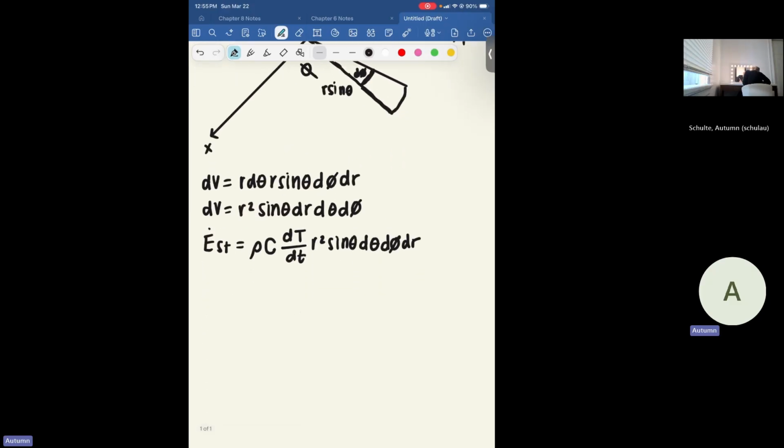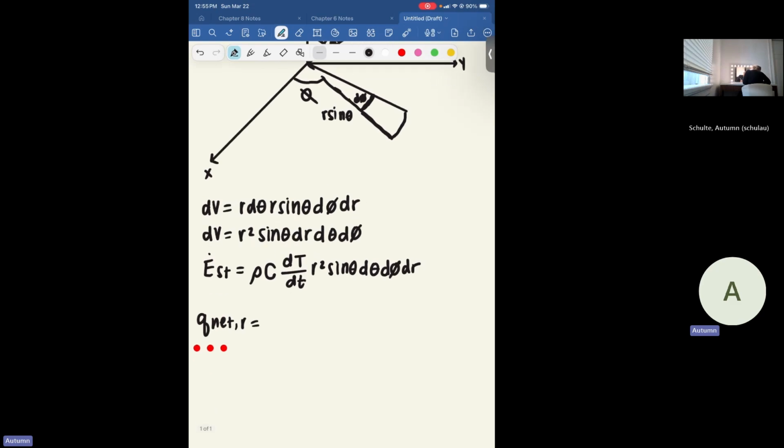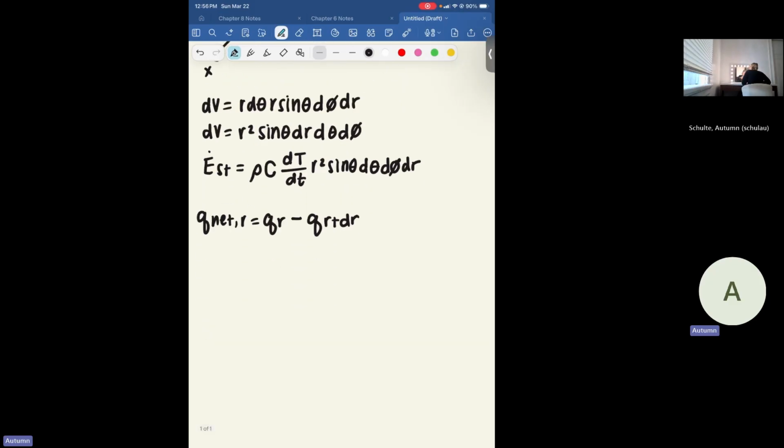So we're going to start off by our net heat flow in our radial direction. And that is going to be the flow at some position r minus the flow at some later position r plus dr. So now we're going to use Taylor series approximations.